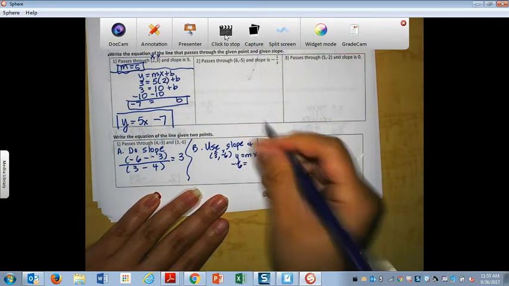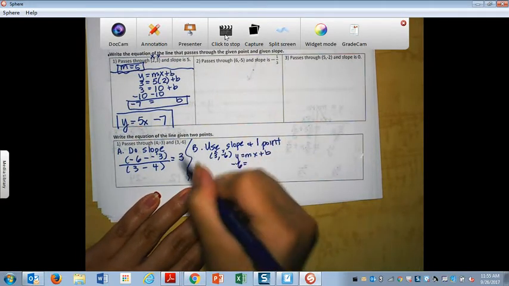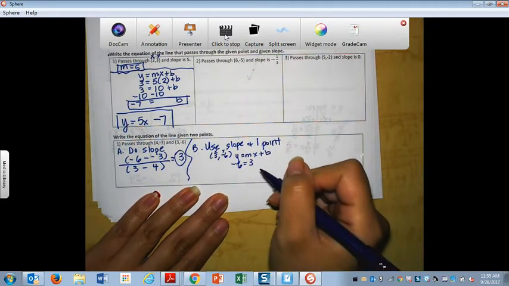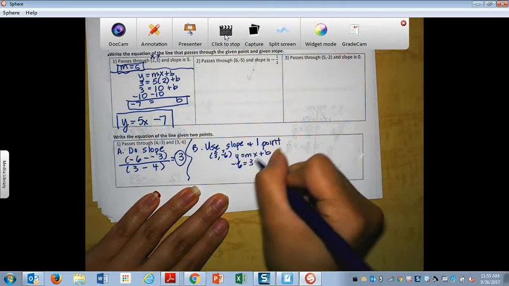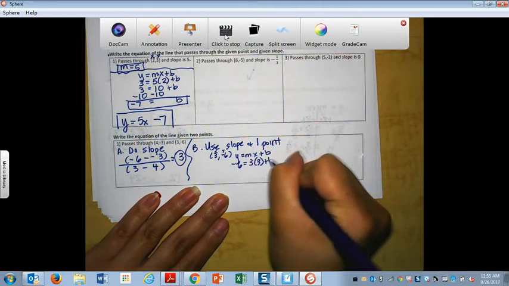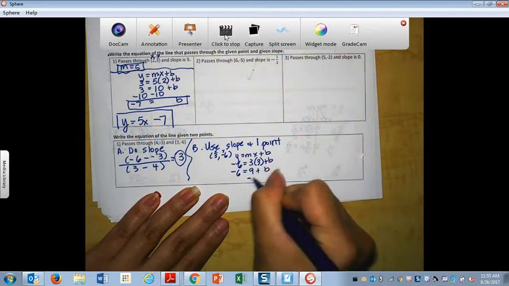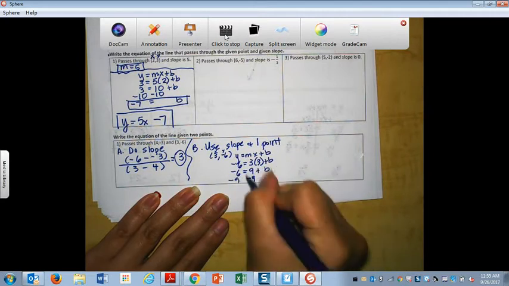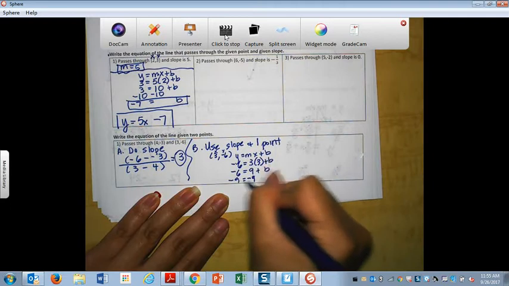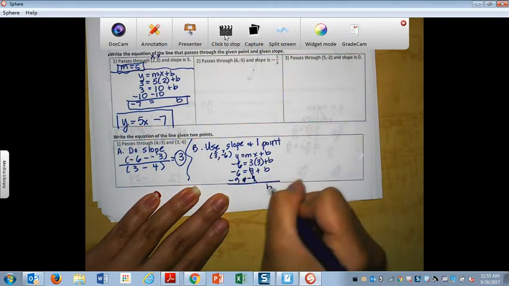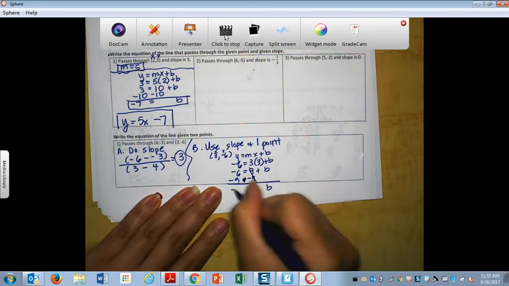My m, we just found out, is 3. And then x is also 3 plus b. I'm going to get negative 6 equals 9 plus b. You subtract 9 on both sides. That goes away, and then I'm going to get b equals negative 15.